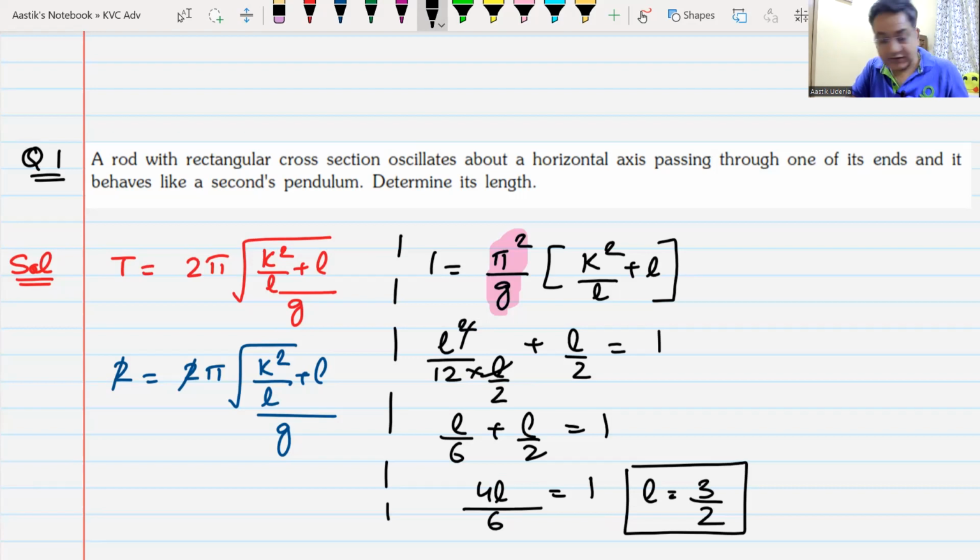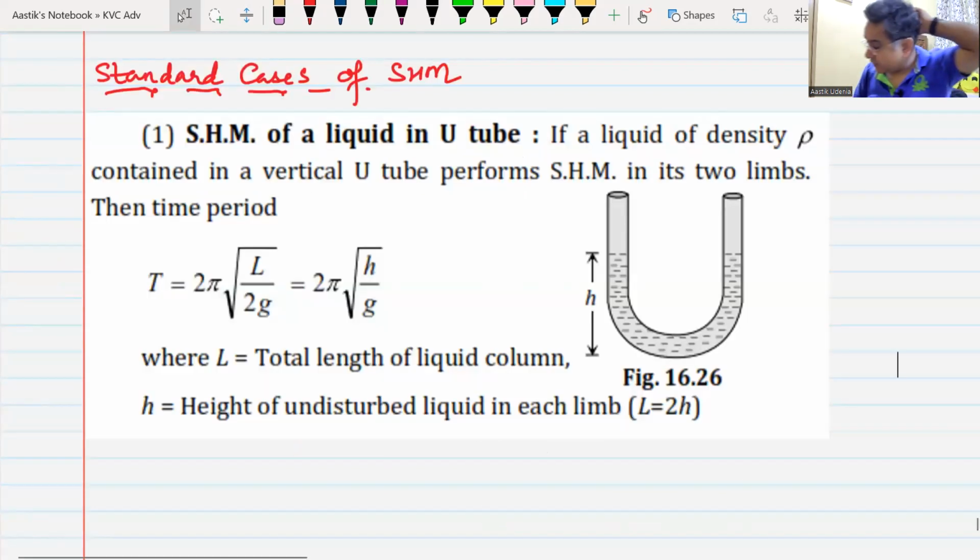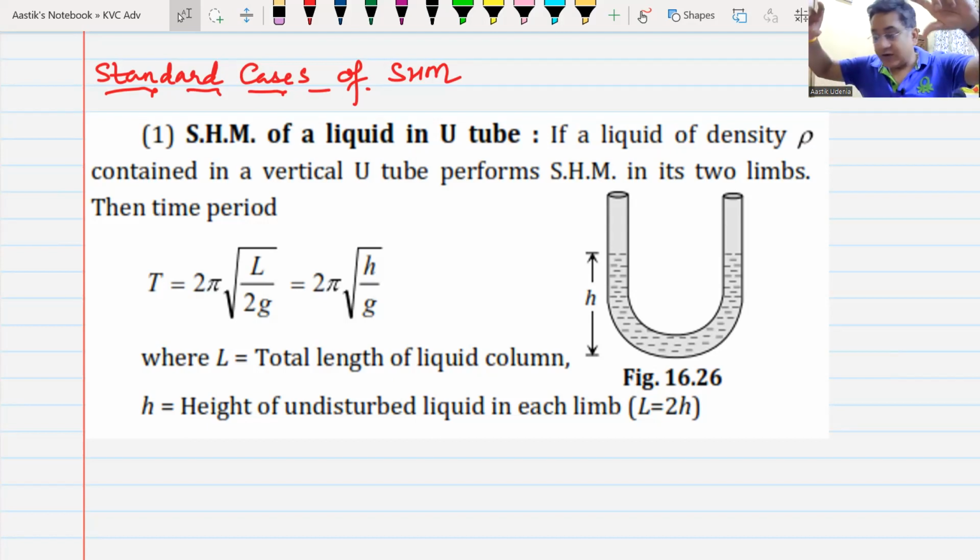The first case is SHM of a liquid in a U-tube. It's not YouTube where you post videos. It's a tube which is U in shape, and then you have this liquid filled to a height h, and we displace the liquid.